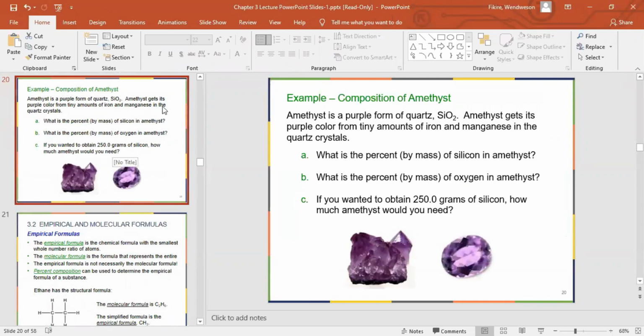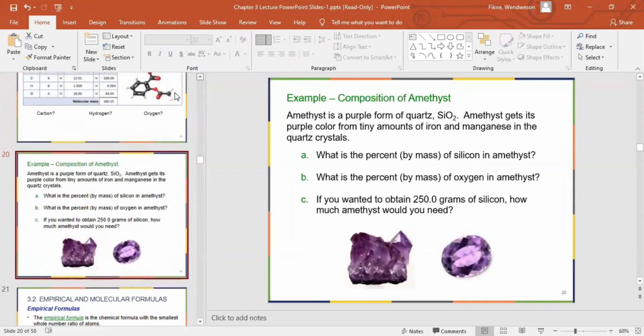Here. Okay, this is a practice work for you. Amethyst is a purple form of quartz, SiO2. I'm sure that those of you who collect minerals might see this in the mineral markets. Somewhere in Timonium, there's the Amish market. I sometimes go there. They have a very nice mineral show there.